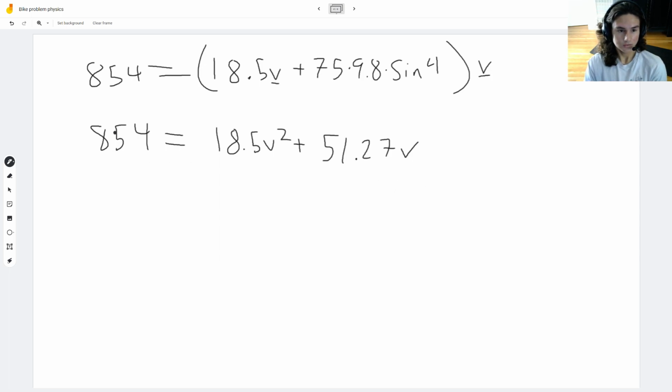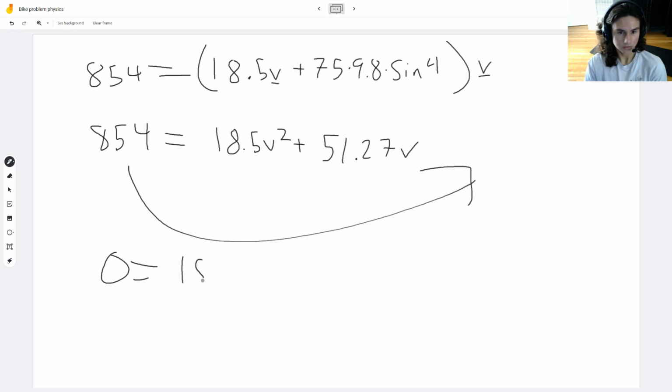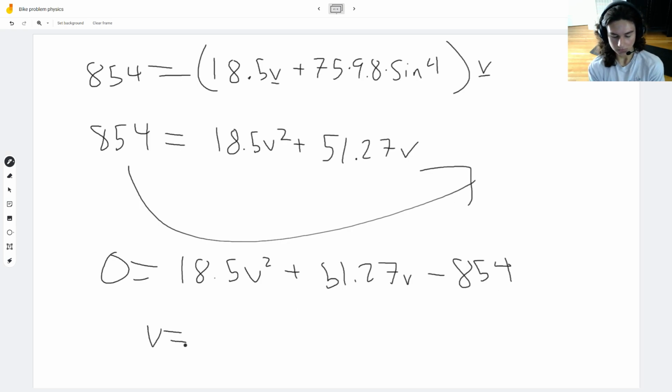Now I'm going to take this value and shove it over to the other side to get a quadratic looking thing: 18.5 v squared plus 51.27 v minus 854.